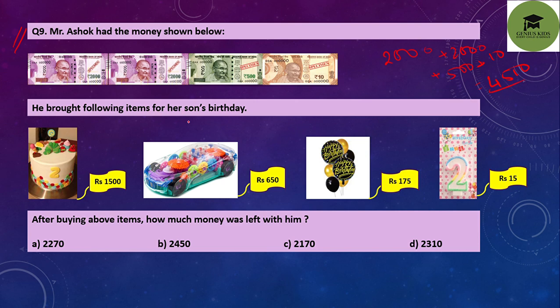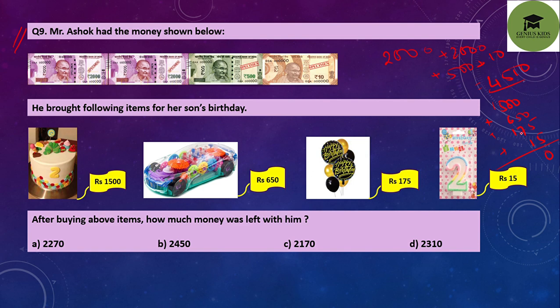He bought the following items for his son's birthday: cake, card, balloon, and some candles. Okay. So after buying the above items, how much money was left with him? So what is the total price of these items? The total price of the items is 1500 plus 650 plus 175 plus 15. So what is the summation?